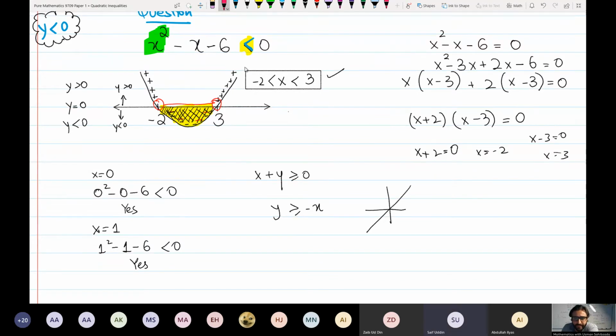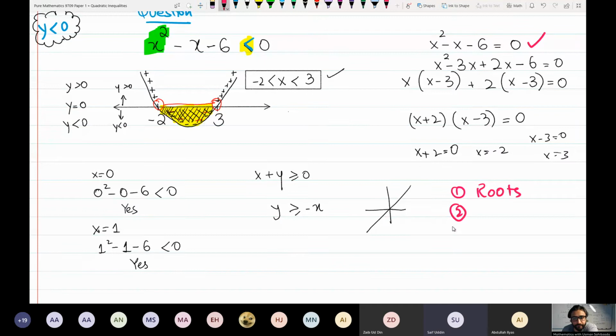Yeah, I just wrote less than 0. This is my quadratic inequality question. Yes, so how did you get that graph? By doing two things. The first thing that I did was I found the roots. That's the first thing. The second thing.